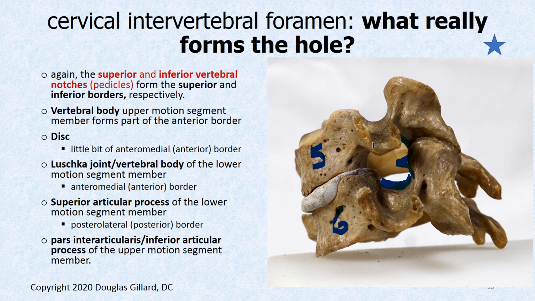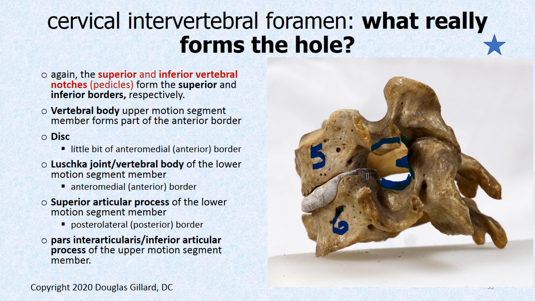The other one, the inferior notch, is much smaller, and it's actually being blocked by this transverse process. We'd have to cut that away, but it would be right there. So the roof and floor are basically made up of pedicles. If you want a slightly deeper answer, they're made up of vertebral notches.